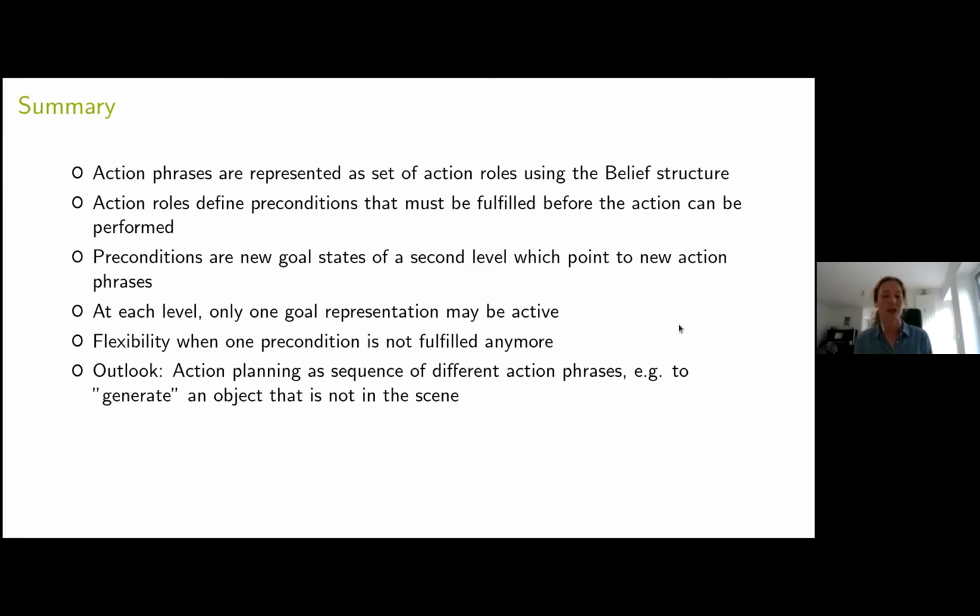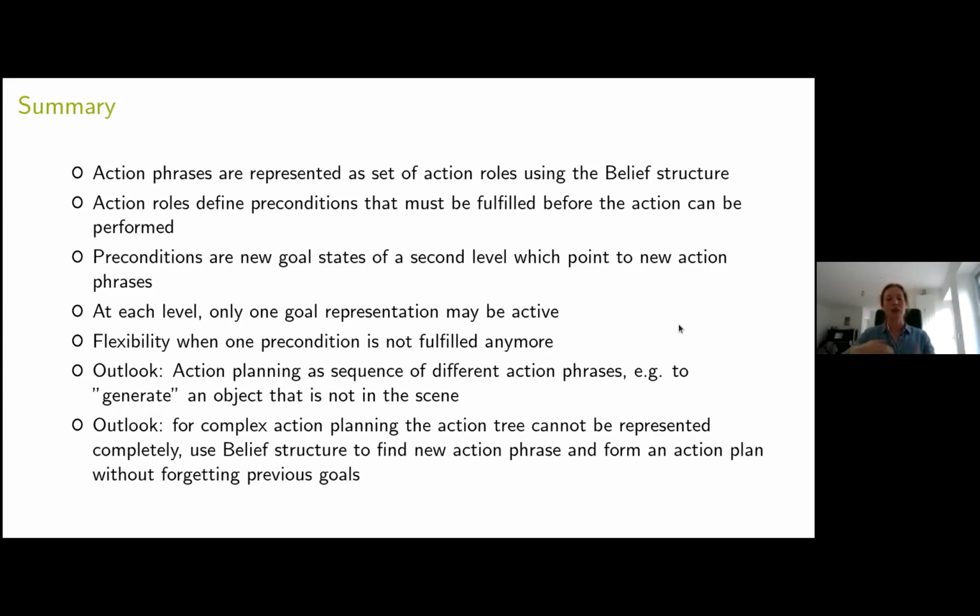And the different action phrase would be then the red paint as tool and the blue figure as an affected object. So for those, we could span the action tree, but we will not try to span the whole action space that the robot can do. So for this actual action planning, we would like to reuse the belief structure to find a new action phrase and then form such a plan.